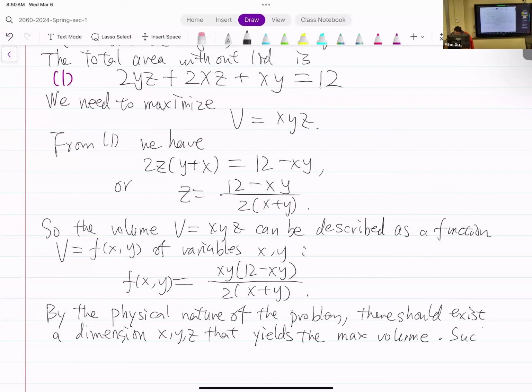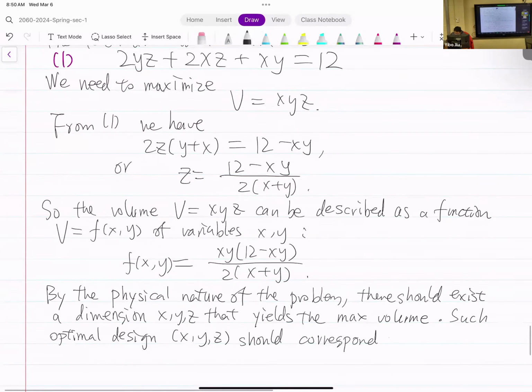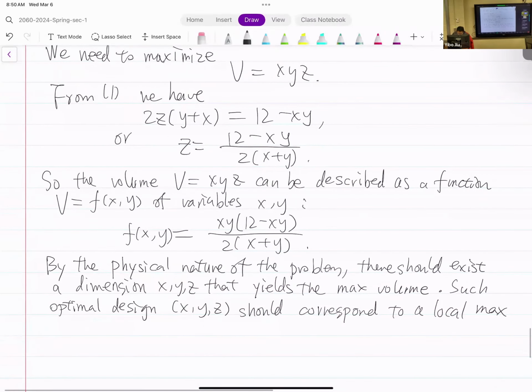Such an optimal design, the x, y, z tuple, should correspond to a local maximum of our binomial function f of x, y.